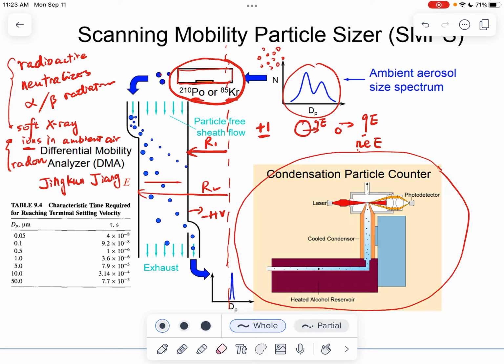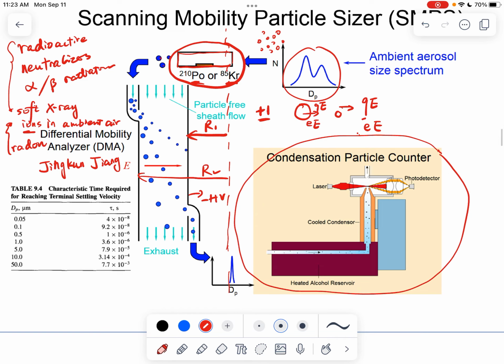But in this case, since they're singly charged, N is just 1, so it's just eE. The same thing holds for the large particles. This is the electrostatic force.